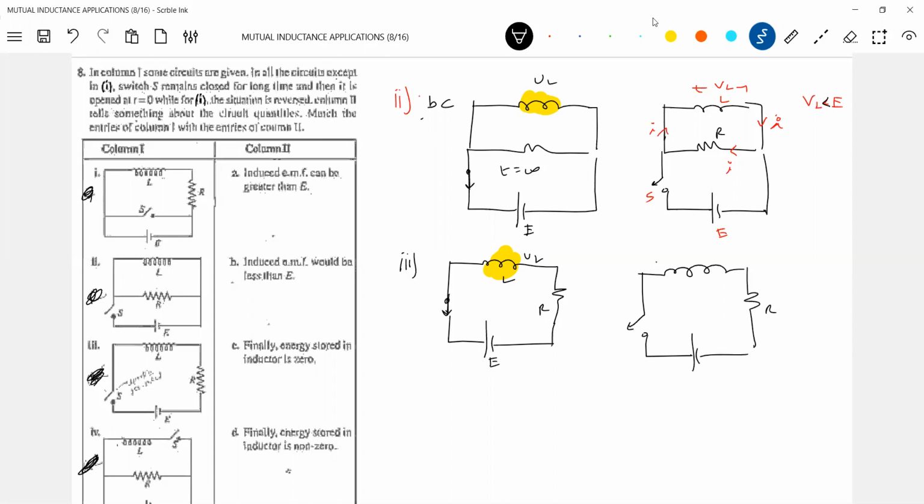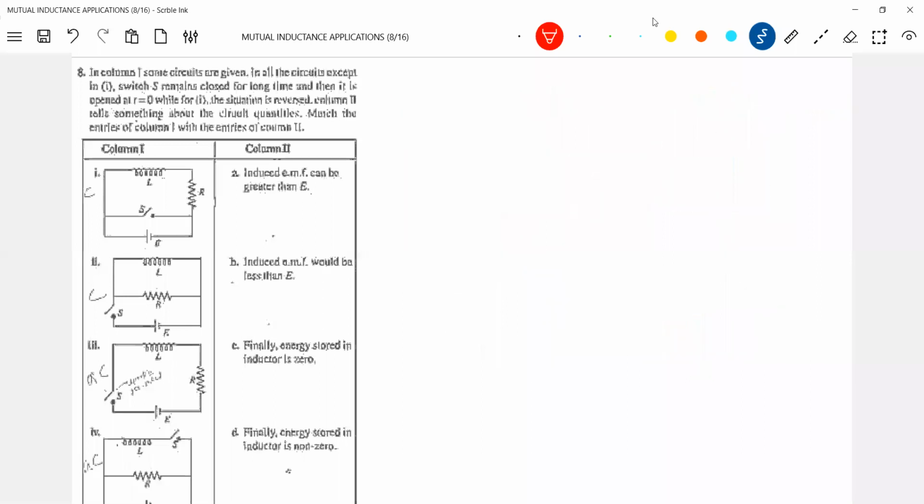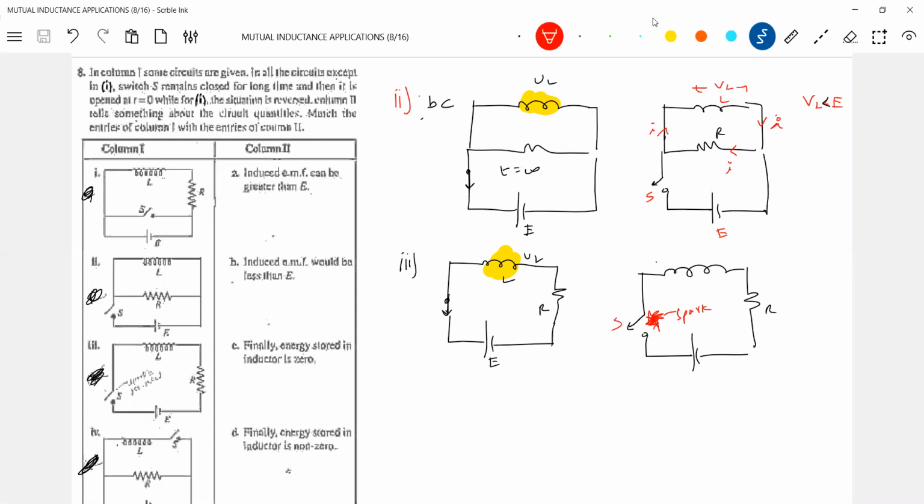So there will be a spark generated here, even if the cell is there, irrespective, because there's no path for the current to flow. So what happens to all the energy in the inductor? It will collapse within 3-4 milliseconds. The energy vanishes in the sense that it will be converted into EM wave across this open circuit here. So what about the EMF generated here? This VL will be very much greater than E. Then only the spark will be generated.